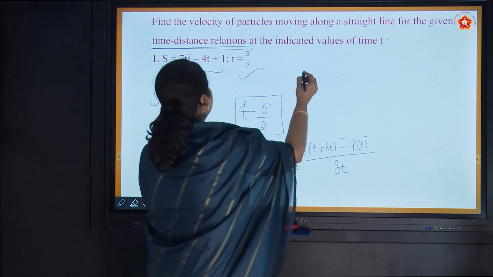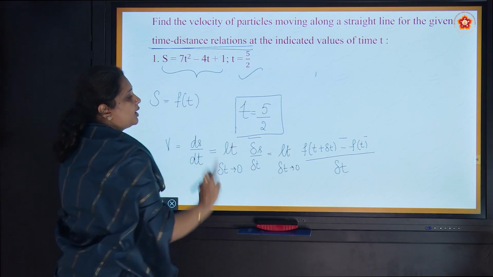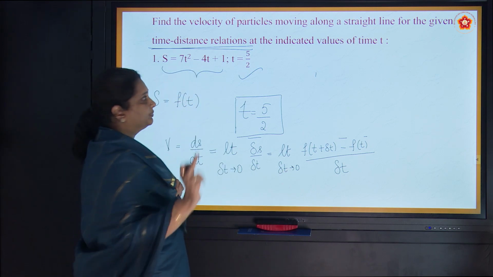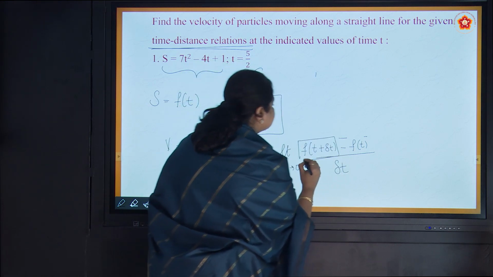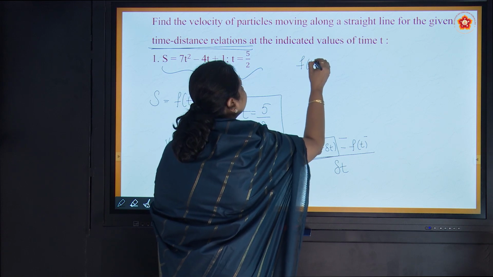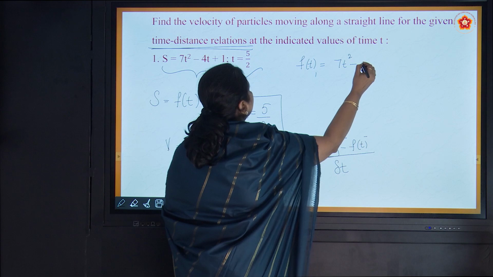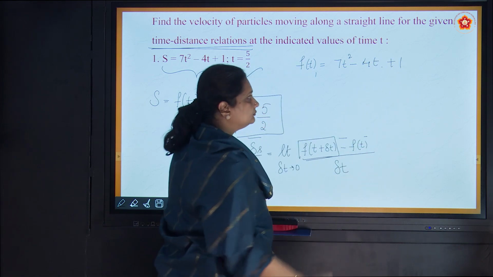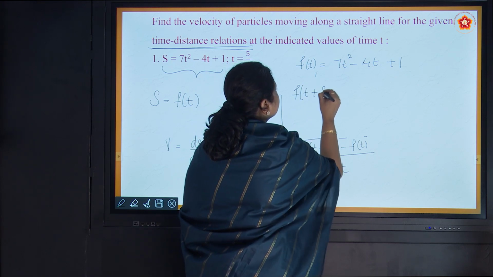Okay. So now let's have a look at how we are going to solve this. So we have s is equal to 7t square minus 4t plus 1. So there is a change in t, that is delta t, right? So let's add it. This is my f of t plus delta t. This is my f of t. Let me first write that. f of t is equal to 7t square minus 4t plus 1. So what is my f of t plus delta t?